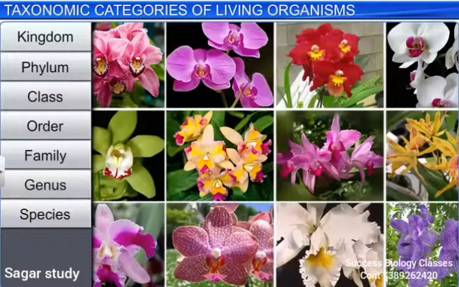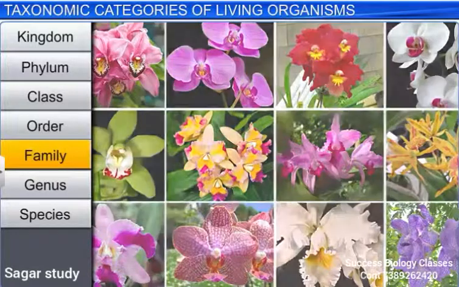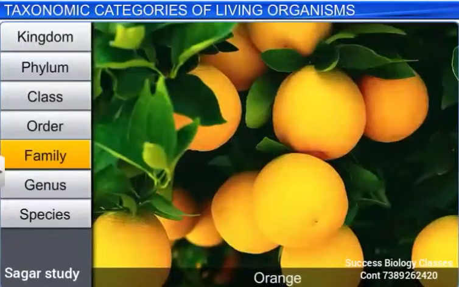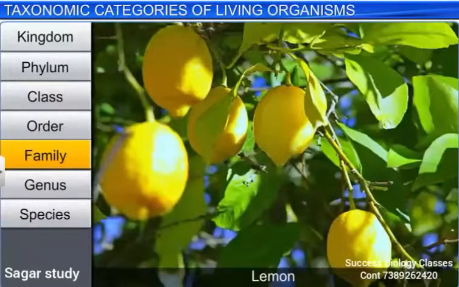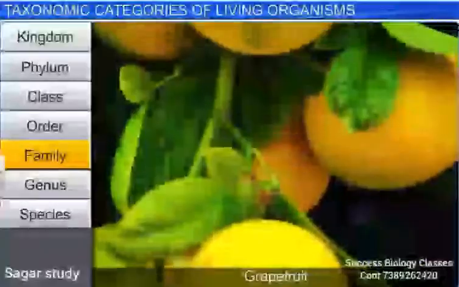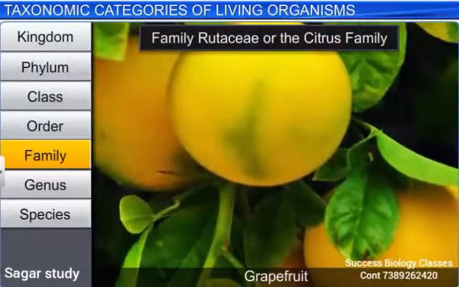The next rank or category is family, which consists of a group of related genera with fewer similarities as compared to genus and species. For example, orange, lemon, and grapefruit belong to the family Rutaceae, or the citrus family.